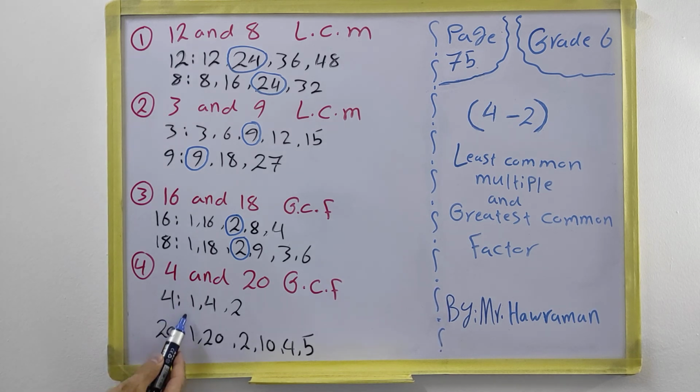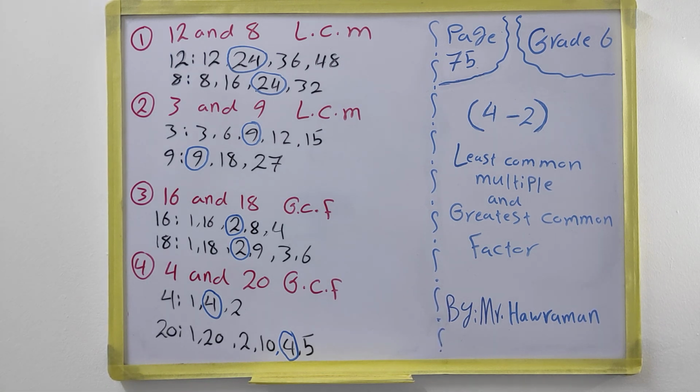We have 1 in both of the sides. Is it the greatest? We have 2. What about 4? We just have 1, 2, 4 here. 4, yes, we have it. So 4 is the greatest number that we have in both of the sides. We choose the greatest one. 4 is the greatest common factor between these two.